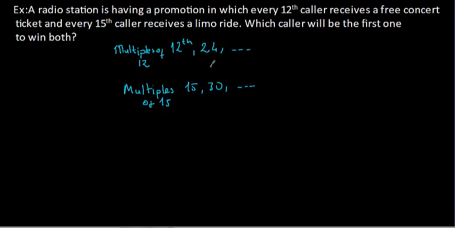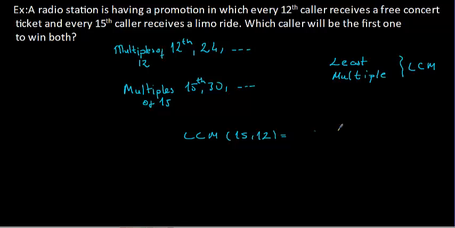And we are going to find one multiple of 15 and 12 that is the smallest or least, and that's why it is the least common multiple. So we are going to find the least common multiple of 15 and 12. You know how to do this operation.